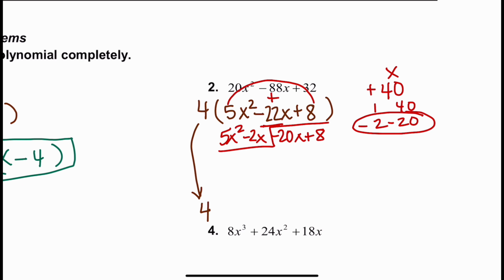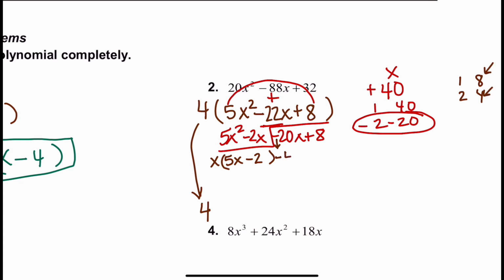I'm going to put in my lightning bolt. Now my first 2, I'm noticing I have an x in both pieces. I'm going to factor an x out, and I get 5x minus 2. Whatever sign you have, you're going to bring that down. Now I'm looking at 20 and 8. 8 has 1 and 8, 2 and 4 as the factors. Now 8 won't go into 20, but 4 will.